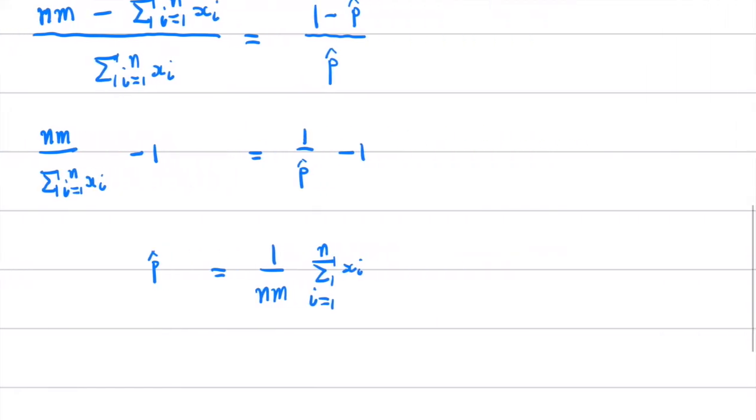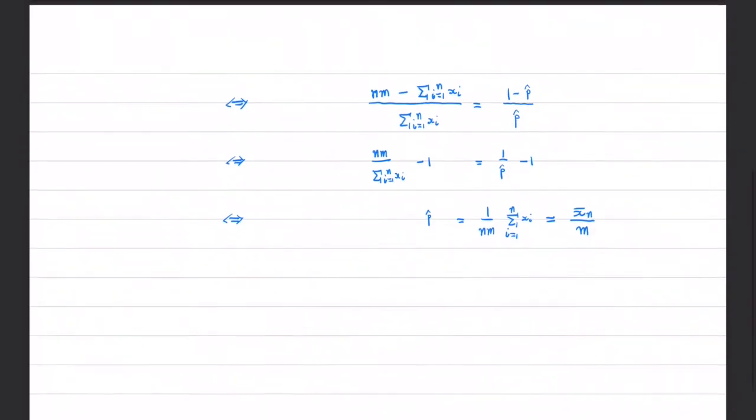Now if you want, we can do one further simplification, which is actually xn bar over m. So remembering that xn bar is the sum of xi's divided by 1 on n. And we've still got the 1 on m here. And so hopefully this will be our maximum likelihood estimate.